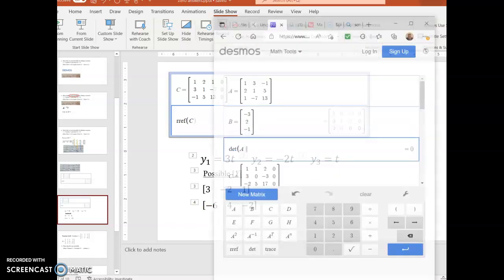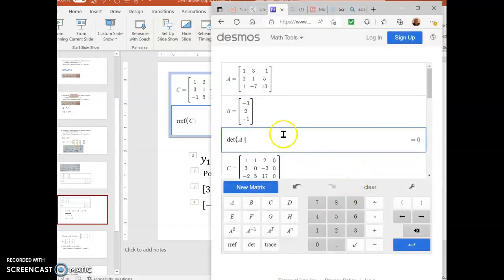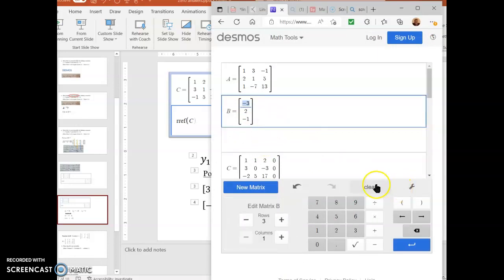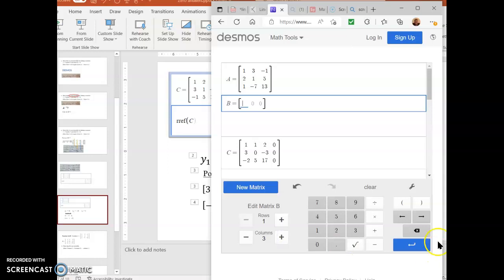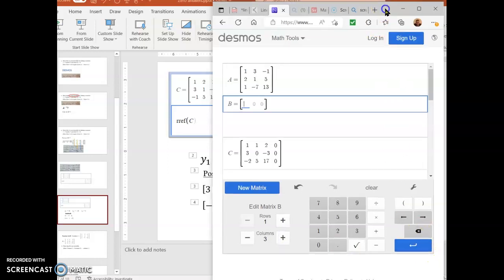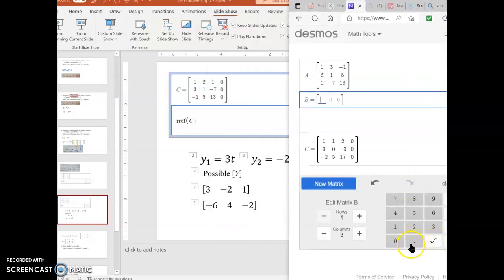So back to Desmos. Okay, I'm going to get rid of, clear out B, new matrix. So I just need 1 row, but 3 columns. See, what was that answer? Okay, so negative 6, 4, negative 2.